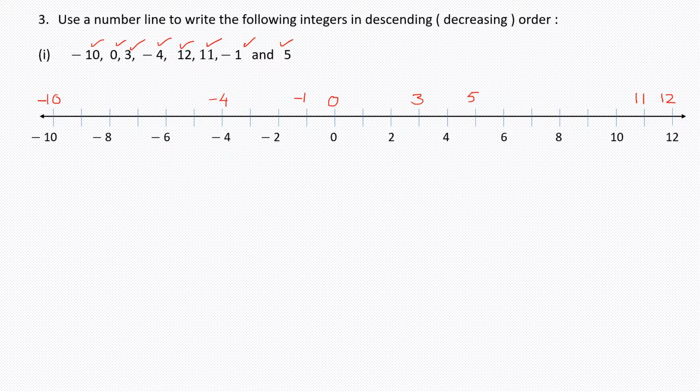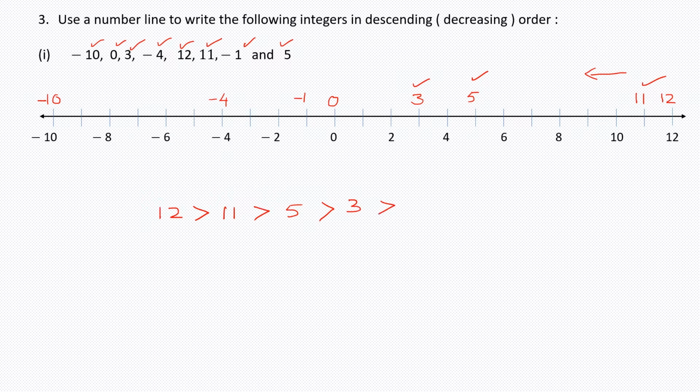Now I need to write in descending order. So this time I'm going to move from right to left. Because we're writing in descending order, 12 is the greatest number. So let's write that 12 is greater than, we have 11, which is greater than 5, which is greater than 3.